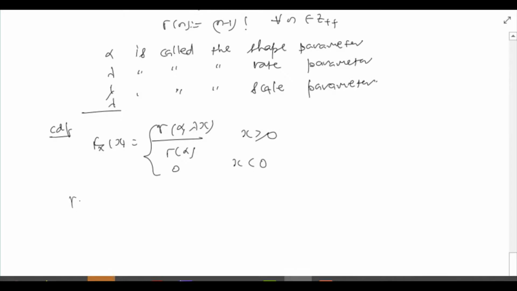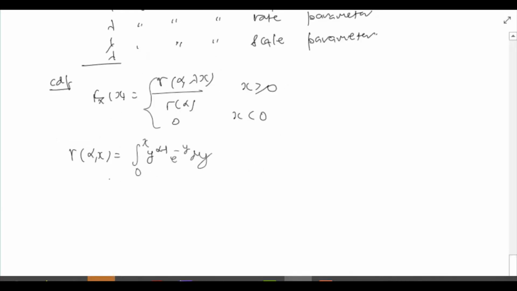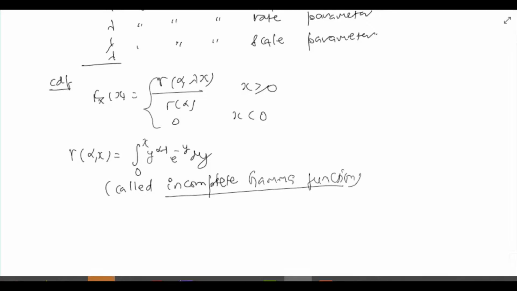Here the function small gamma of alpha, x is the integral from 0 to x of y raised to alpha minus 1, e raised to minus y dy, and this function is called the incomplete gamma function. The expression of the CDF for the non-negative values of x, this itself is called the regularized incomplete gamma function.